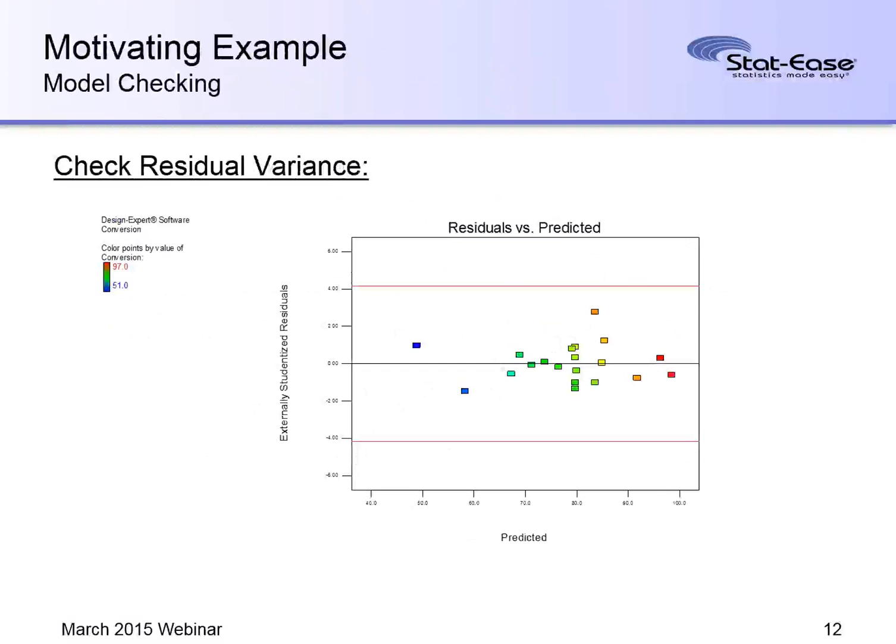That could happen because sometimes when a process naturally produces a higher output, that output may be more difficult to measure and you might get a less precise measurement. However, here we see that this plot looks pretty good because we see random scatter, we don't see any obvious patterns.